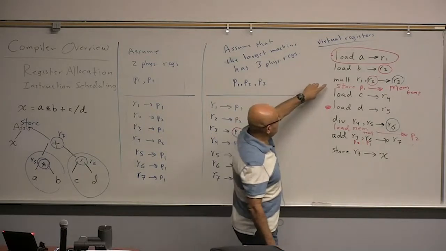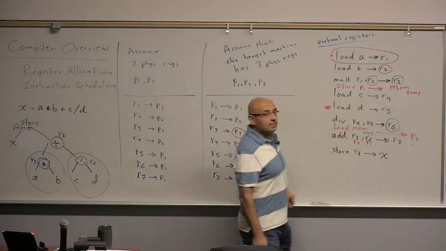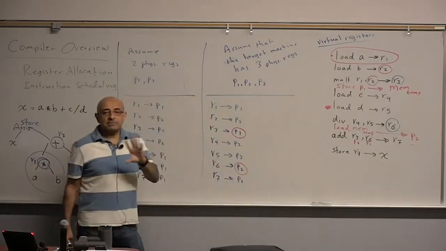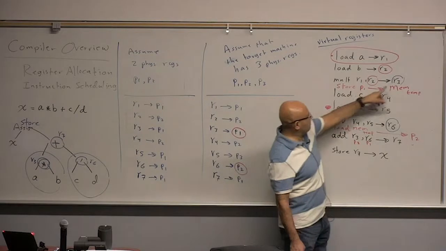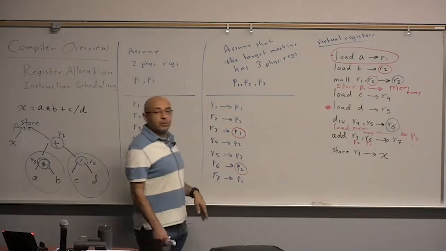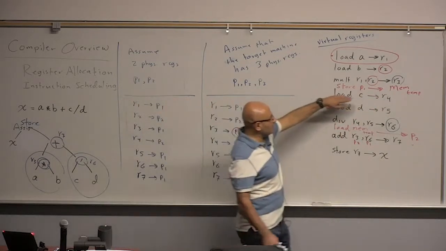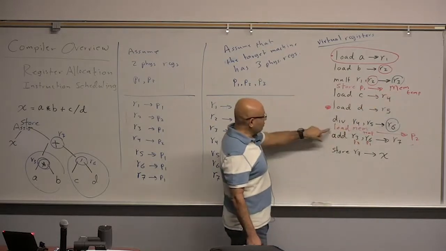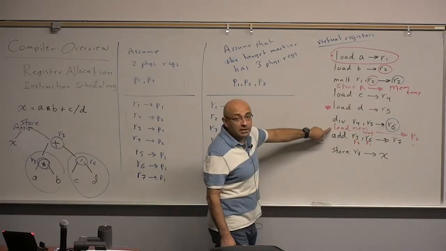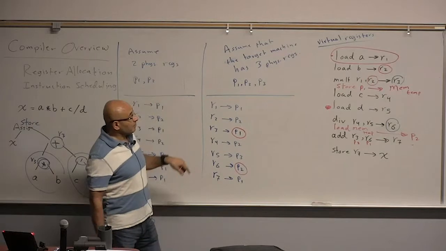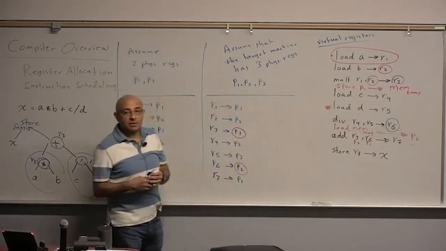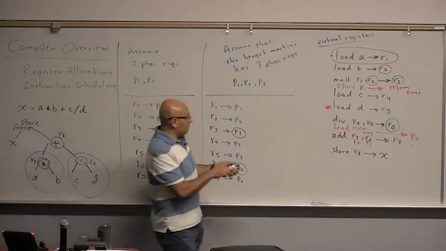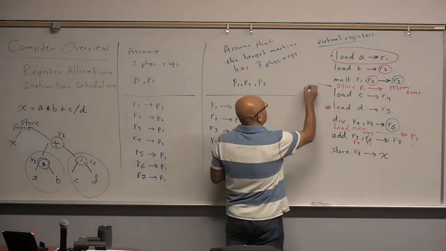So in this case, R3 did not get mapped entirely to a physical register. In fact, we put it in a physical register temporarily. Then we stored it in memory. Then we loaded it again when we needed it. So this kind of store, we call it spilling. With the terminology of compilers and register allocation, this is a spill.